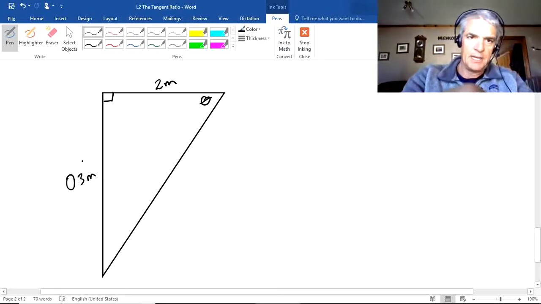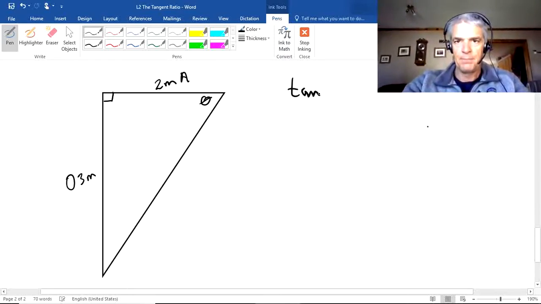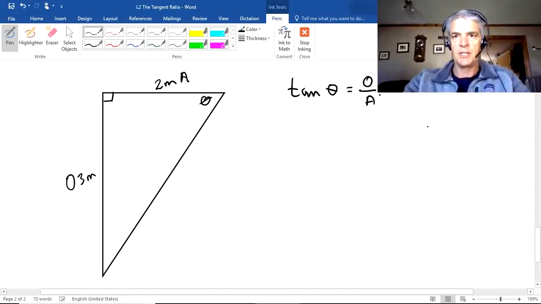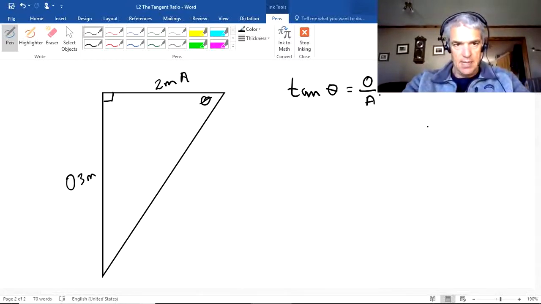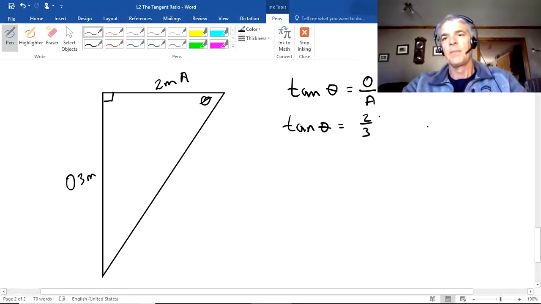This is my opposite, and this is my adjacent. Same thing. Tan theta equals opposite over adjacent, okay? And in this particular case, I substitute in my values, and I go tan theta equals 2 over 3.